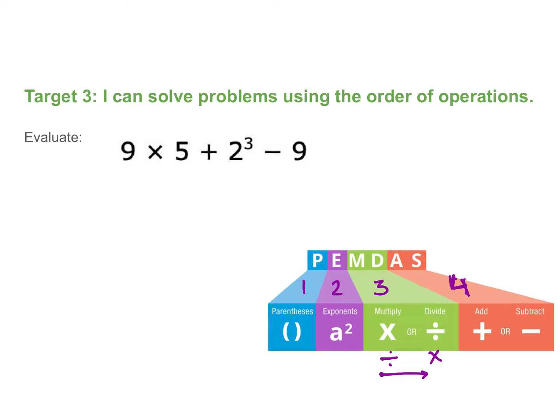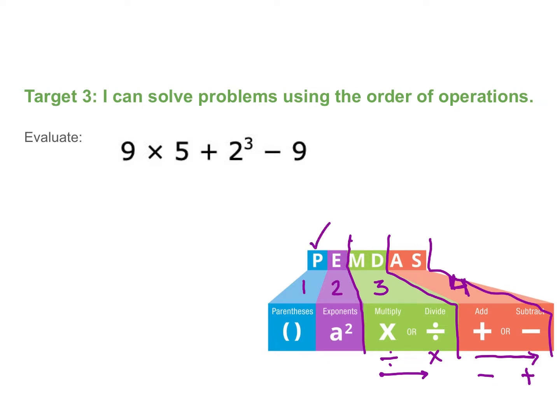We are going in order from left to right, which might mean that subtraction comes before addition. So these two, that's why they're combined here as one step. It's two things that are in the same step. Okay?